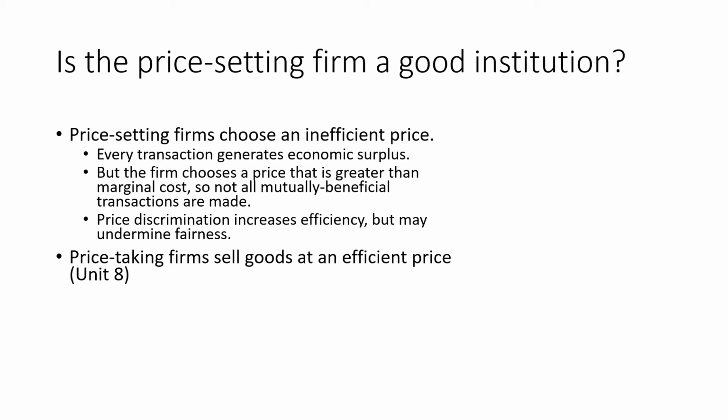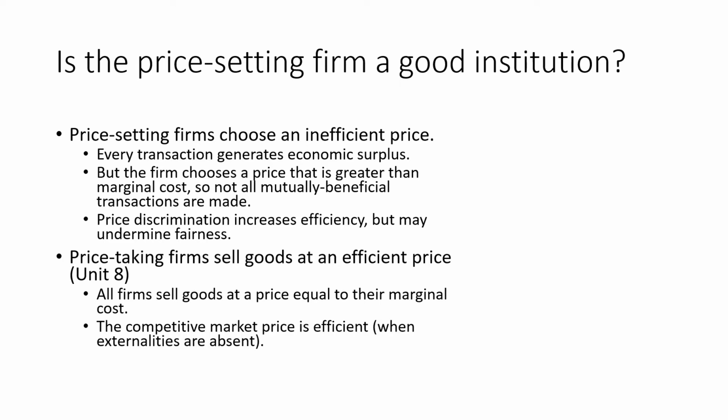In Unit 8, we are going to talk about price-taking firms, which sell goods at an efficient price, and all firms sell goods at a price equal to their marginal cost. The competitive market price is efficient when externalities are absent, but competitive markets are still not necessarily fair.